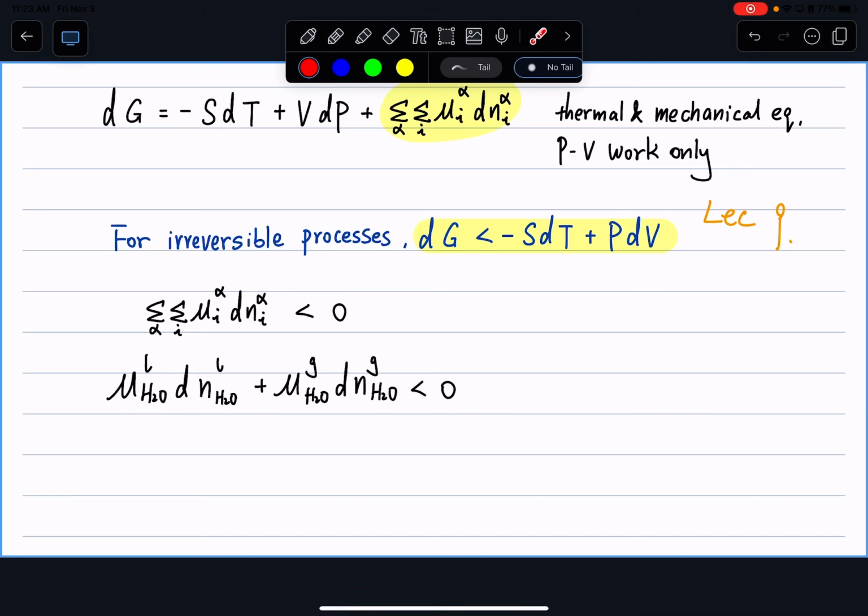That's just a write-out expression of your vaporization process: the chemical potential of liquid water times the infinitesimal change in moles of liquid water, plus the chemical potential of gas-phase water times the change in moles of gas-phase water. This has to be smaller than 0.